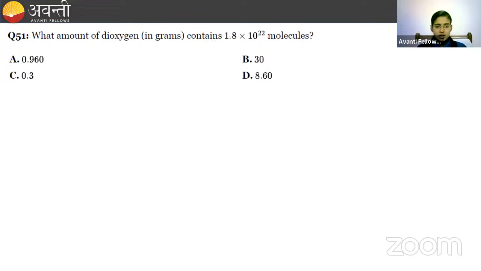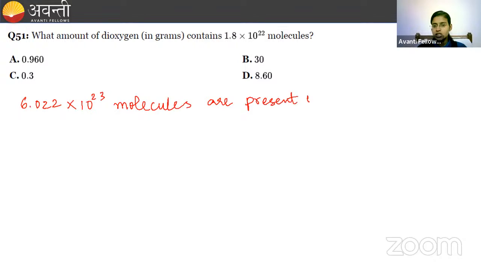Okay, so we know that 6.022 into 10 to the power 23 molecules are present in 32 gram of oxygen, right?